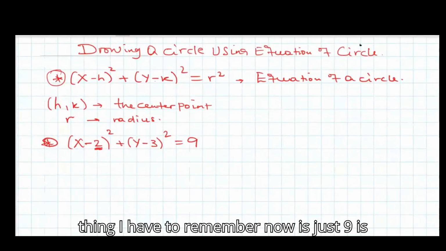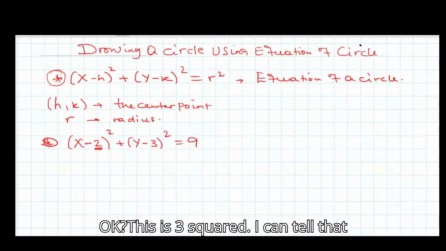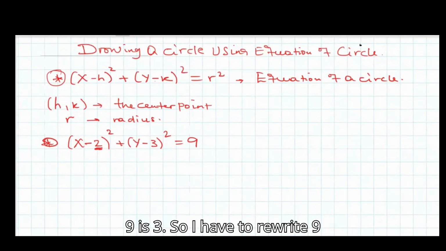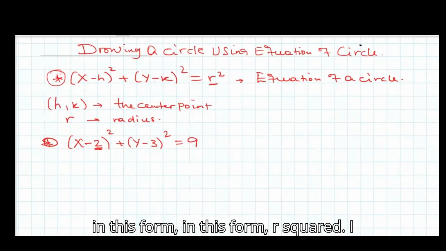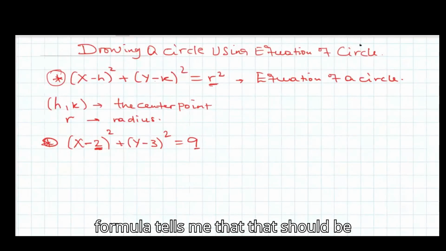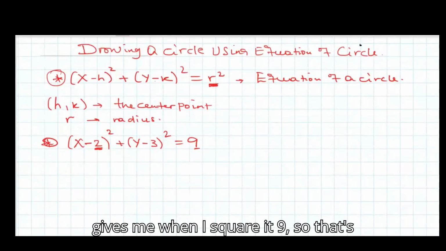But one thing I have to remember is that 9 is given as 3 squared. I can tell that this 9 is a perfect square; the square root of 9 is 3. So I have to rewrite 9 in the form r squared. My formula tells me that it should be written in r squared form. So what r gives me 9 when I square it? That's definitely 3.